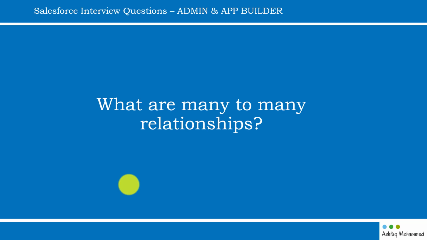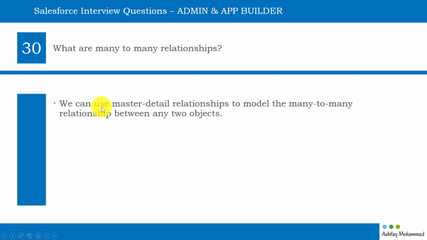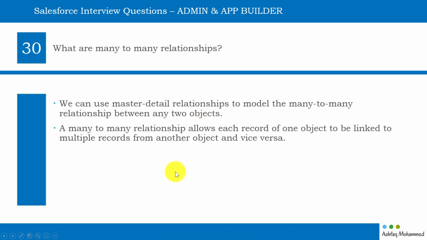Next question is, what are many-to-many relationships, right? Even though this is not provided out of the box by Salesforce, we can create a many-to-many relationship using a junction object. So we can use master detail relationship to model the many-to-many relationship between any two objects. A many-to-many relationship allows each record of one object to be linked to multiple records from another object and vice versa.